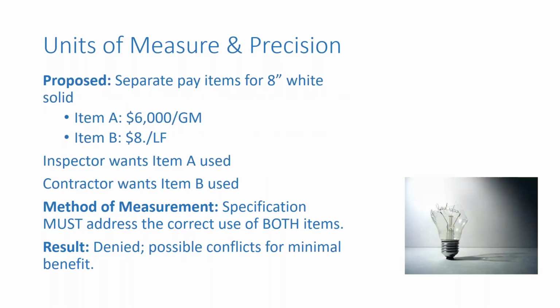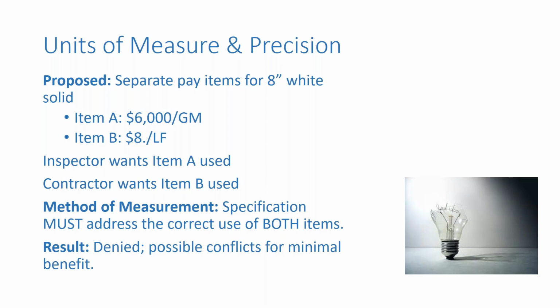The proposal was, for the solid stripe, to go from the gross mile to the linear foot. But the problem that's introduced is which item to use for which situations. And so we do want to avoid any conflicts. So we have to ensure that our method of measurement is as indicated in the specification.